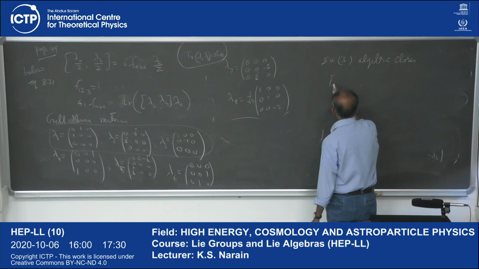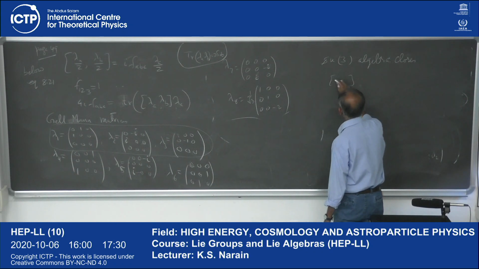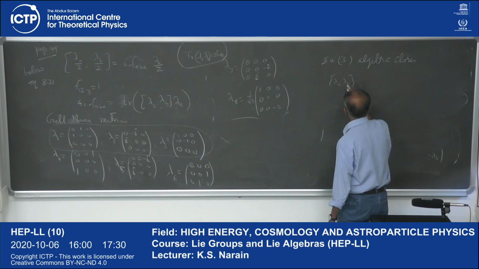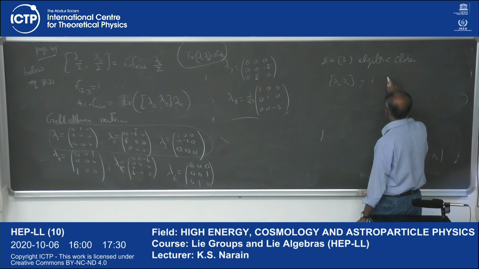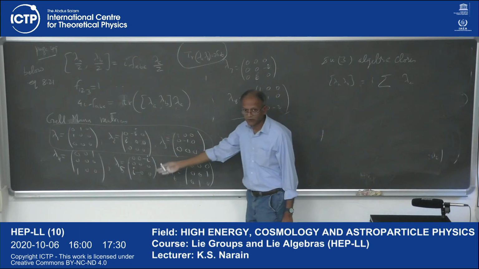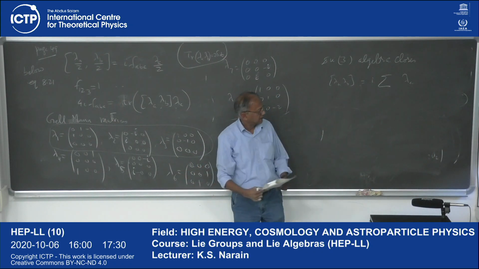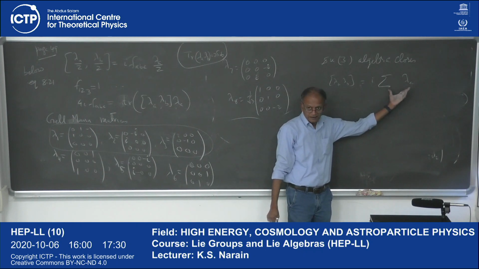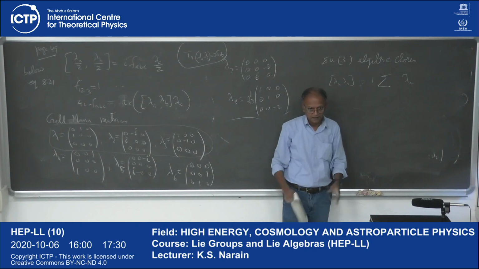So the commutator of any two elements, lambda A and lambda B, is going to be again i times some combination of lambda C, because the lambda's provide a basis. Whatever Hermitian object will be here, I can always expand it in terms of this, right?